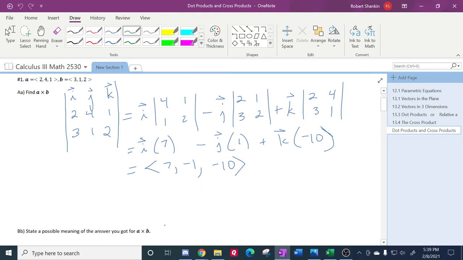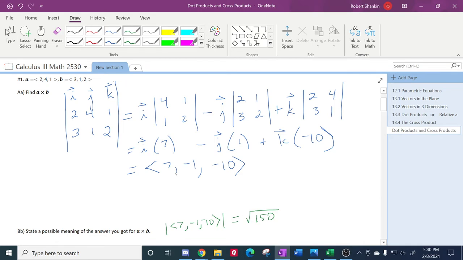So the magnitude of this vector, that's going to be 149, 150. And we take the square root of the sum of the squares. And the square root of 150, let me put that into my calculator real quick.